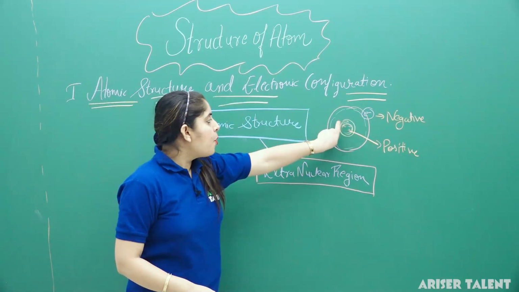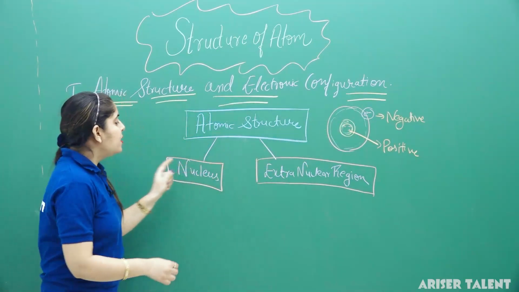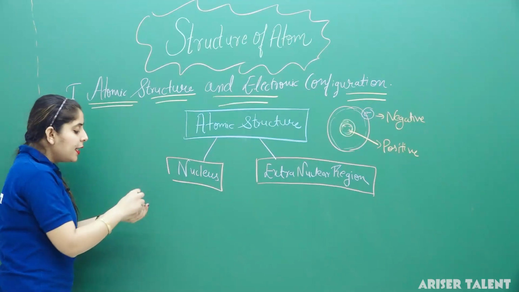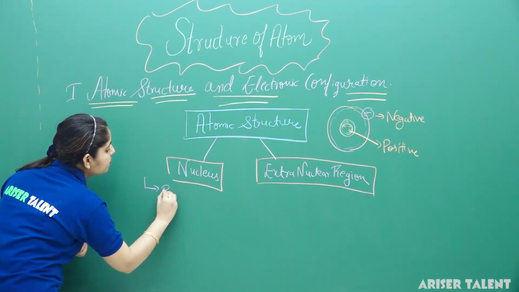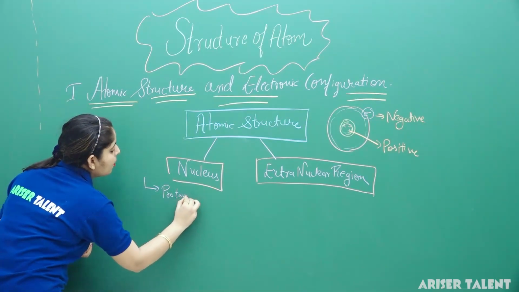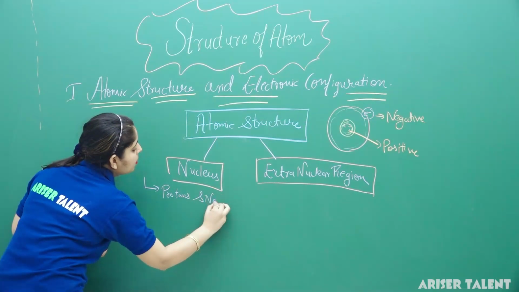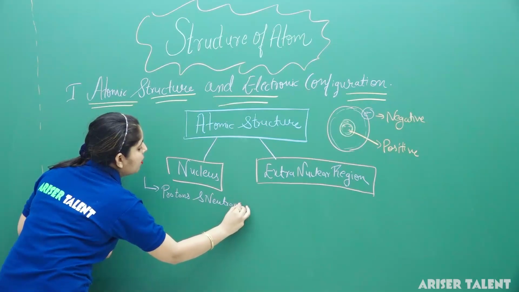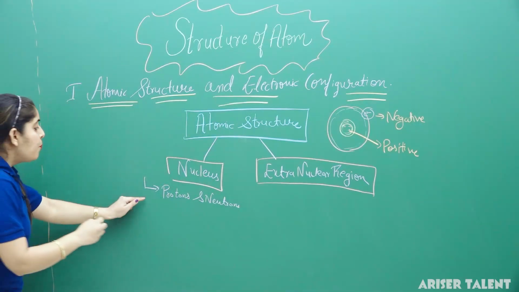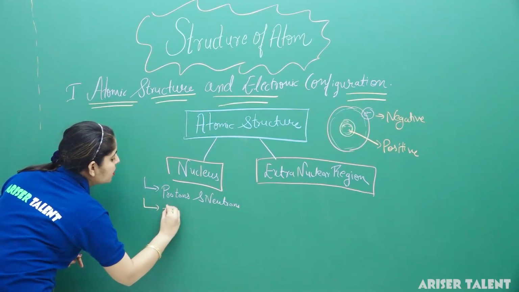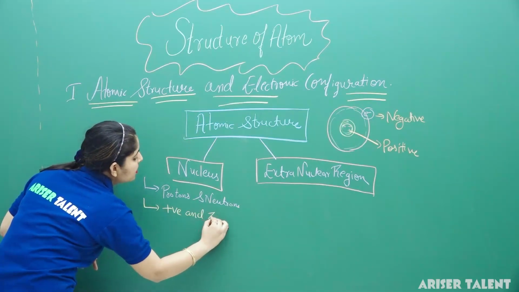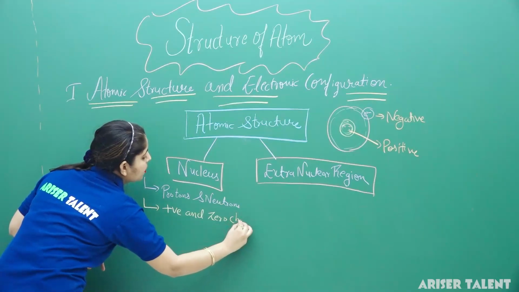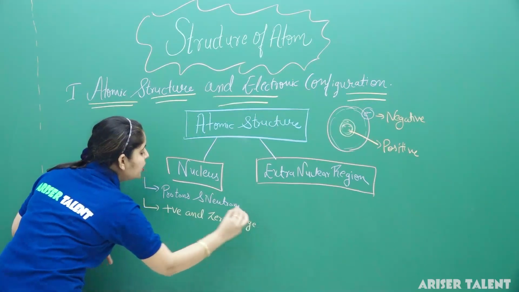So, the positive charge sphere we have discussed is the nucleus. It means the nucleus is basically made up of protons and neutrons, but protons carry the positive charge and neutrons have zero charge.